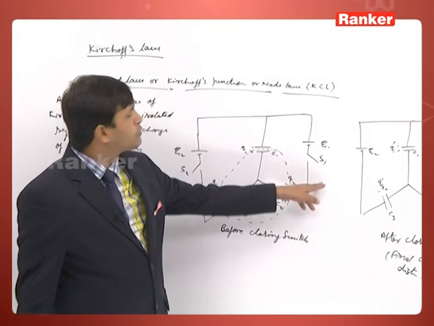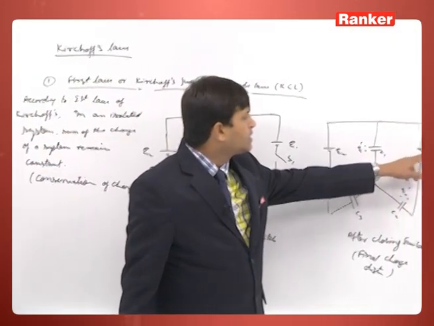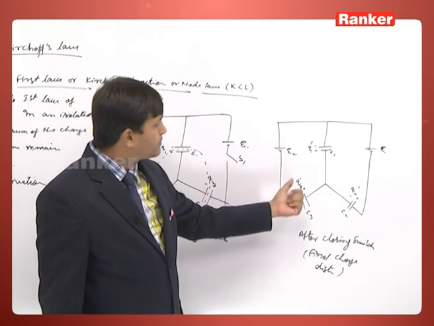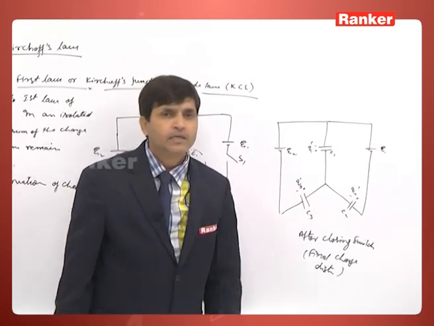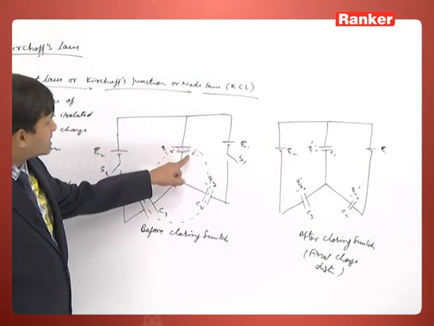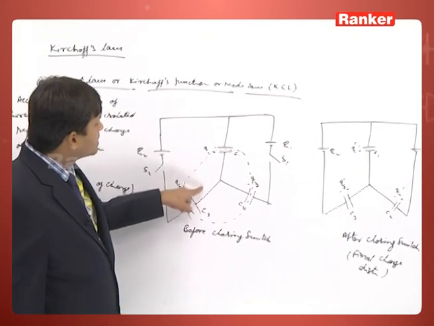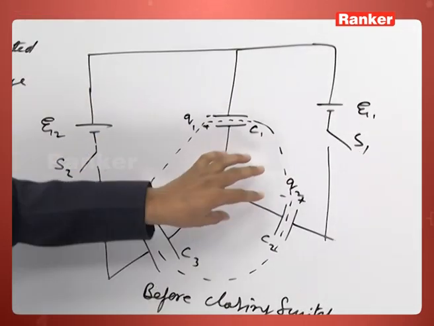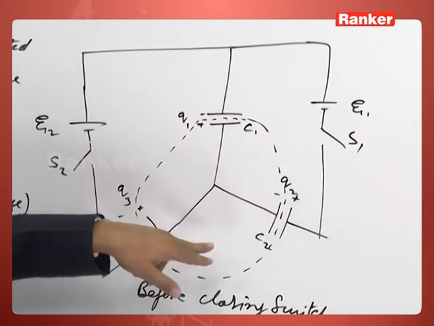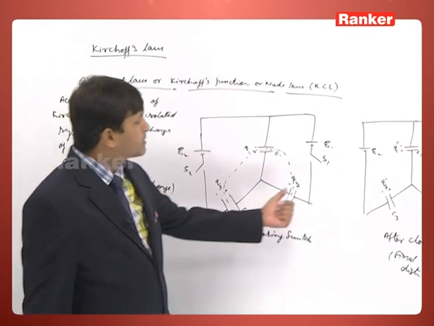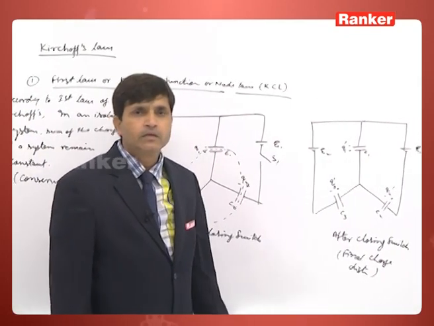After closing the switches S1, S2, the E1 and E2 effect can change the redistribution of charge, but since these three plates are connected together, whatever charge flows between them will flow only in these three plates. So charge distribution may take place, but the sum of the charge will remain constant.